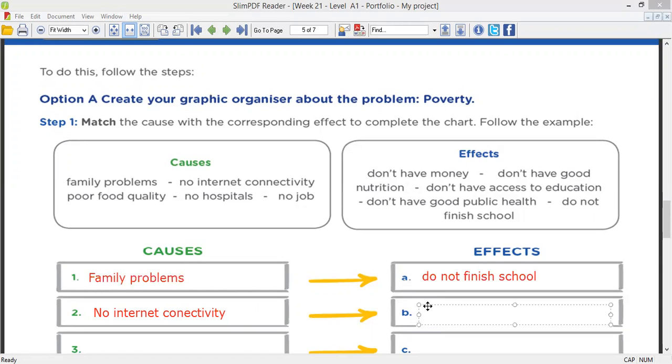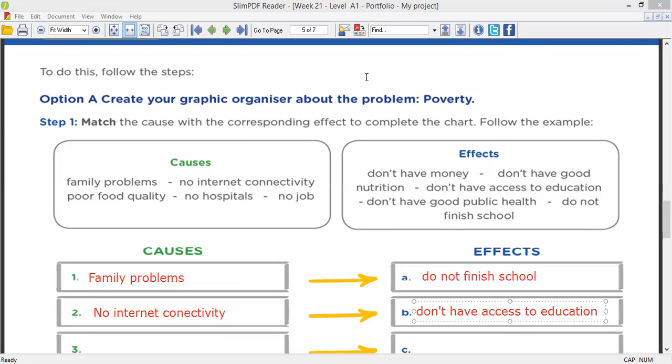Well, in our new normal, if we don't have internet connectivity, we don't have access to education, no? And you try to match these causes with these effects.